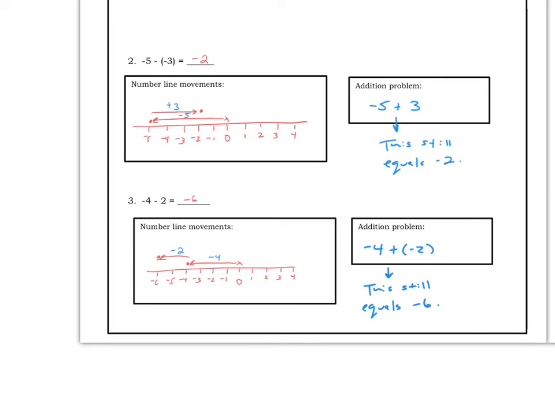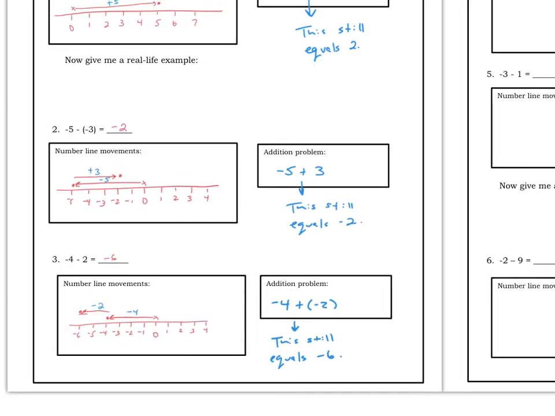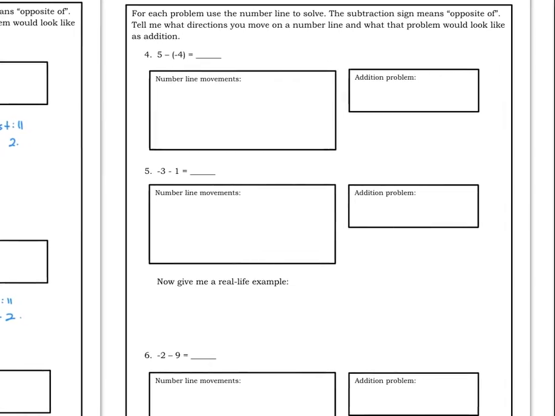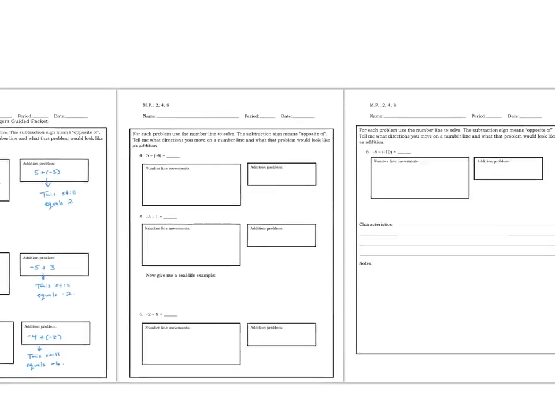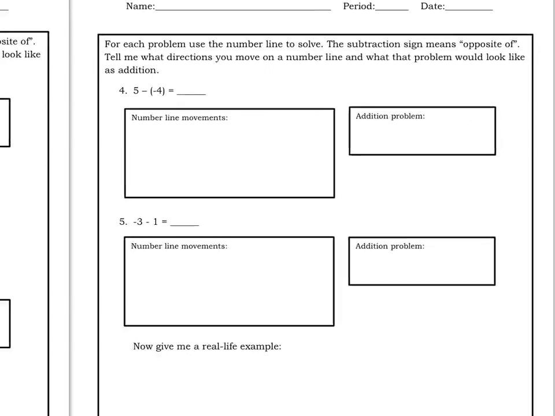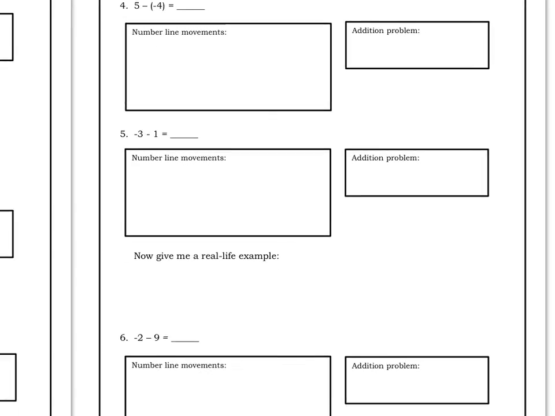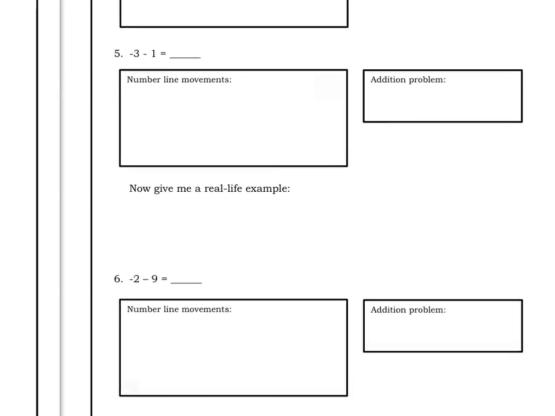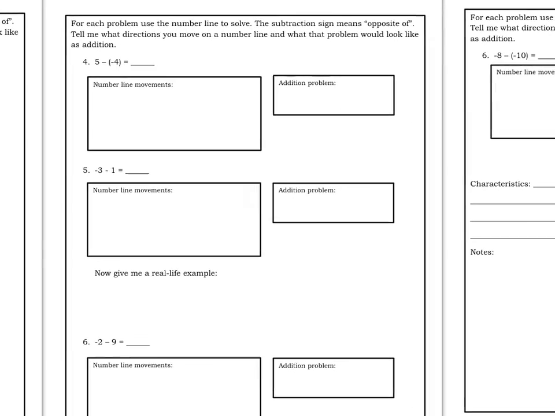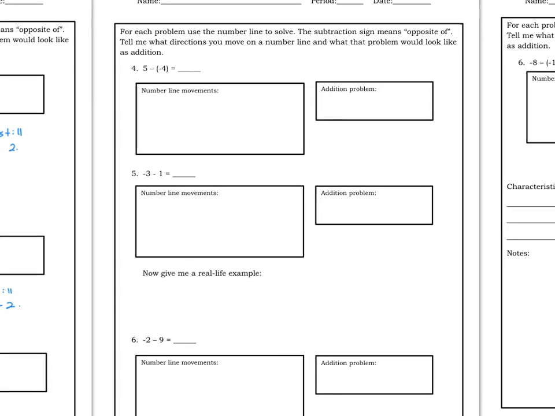All right, pause the video again if you need to catch up. Let's go ahead and look at the next problem. Pause the video. I want you to go ahead, try number 4, 5, and 6 on your own. And once you do that, restart the video and you can check to make sure you're doing it correctly.